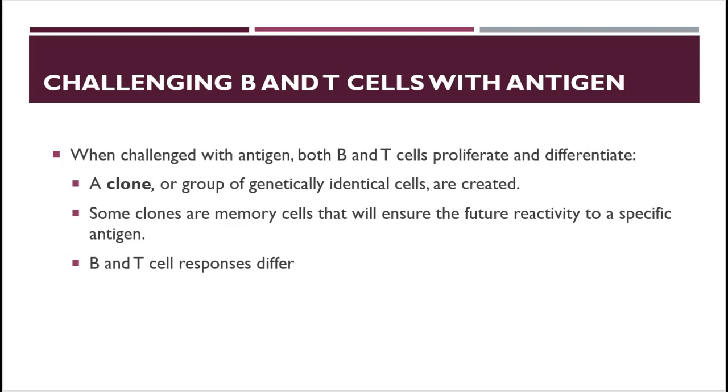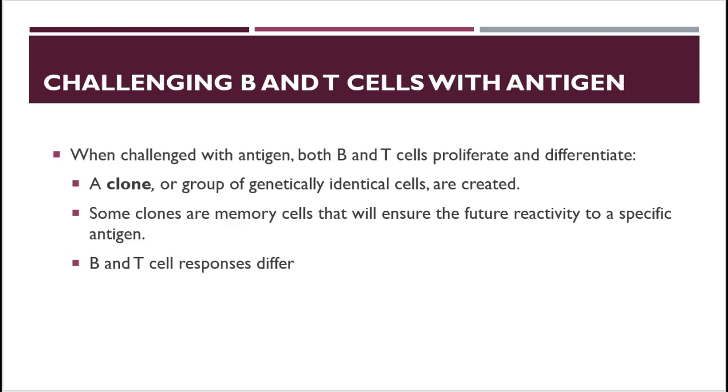Okay, so B cells and T cells need to be challenged or presented with antigen in order for them to differentiate into their different types. So when B cells and T cells are challenged with antigens, they proliferate, so they multiply, and they differentiate into different types and form clones.